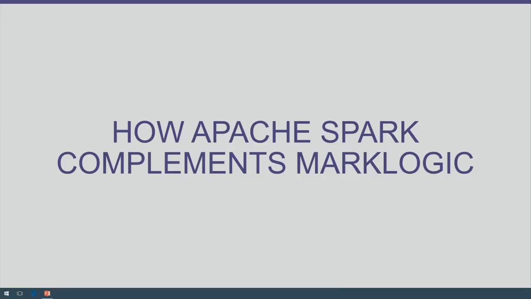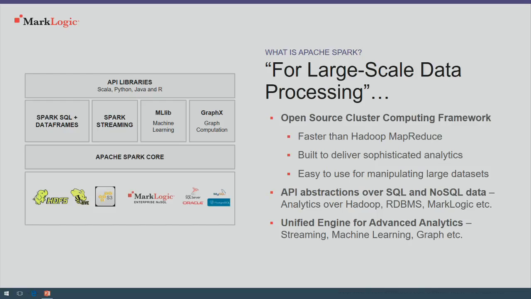So let's look at how Apache Spark and MarkLogic complement each other. Let's just briefly go through what Spark is. In a nutshell, Spark is an open source cluster computing framework, really built to deliver sophisticated analytics.